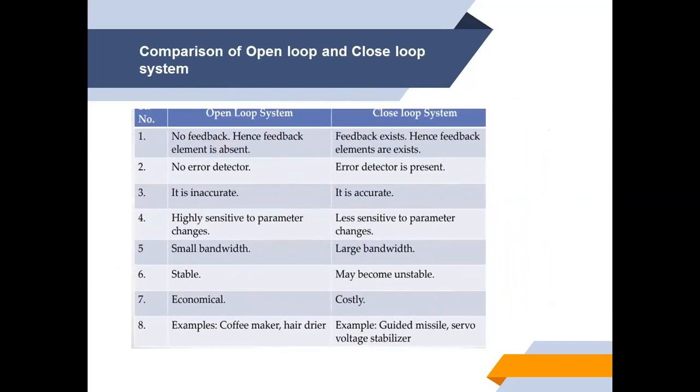So next is the comparison between the open loop system and closed loop system. In open loop system, the feedback system is absent. There is no feedback in the open loop system. In closed loop system, the feedback system exists.